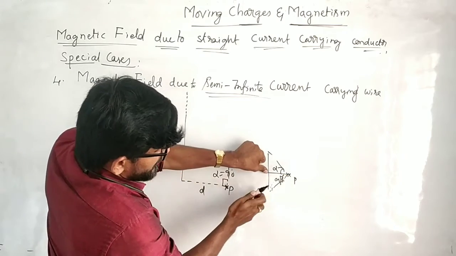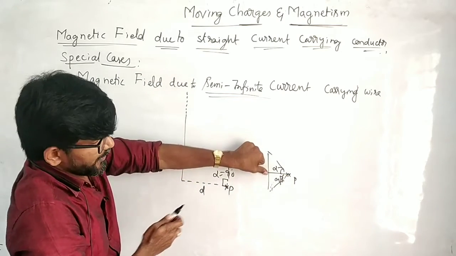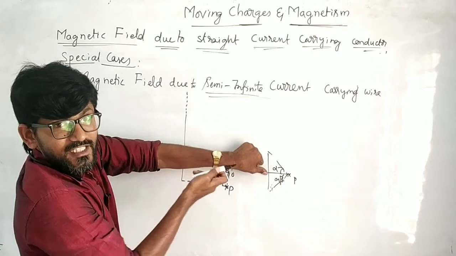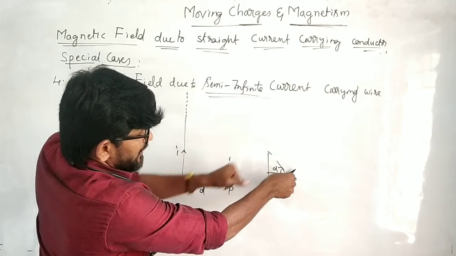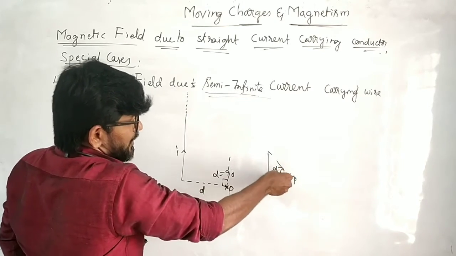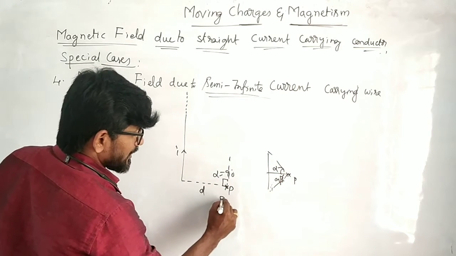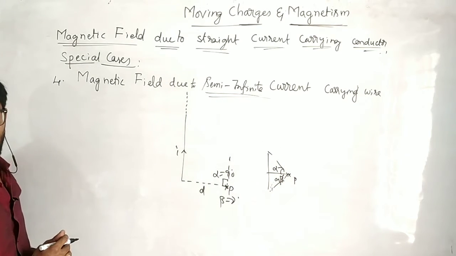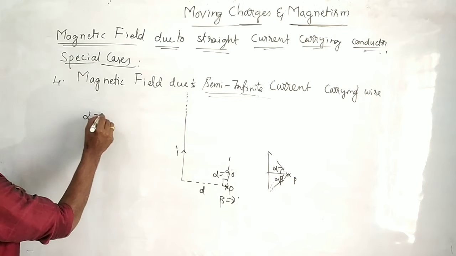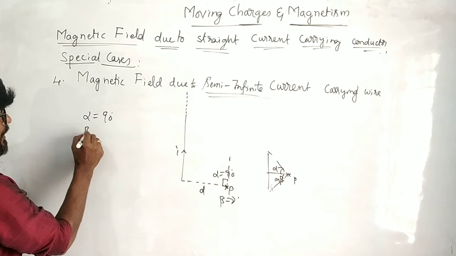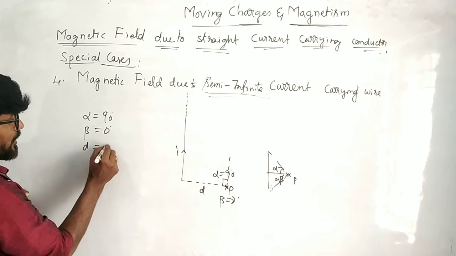If the point is lying exactly where the perpendicular line hits the wire, then this line coincides, so beta becomes 0. Is that point clear? So alpha is equal to 90, beta becomes 0, d is d only in this case.